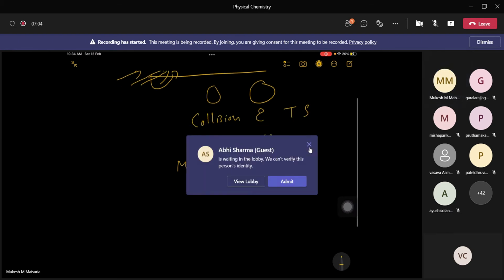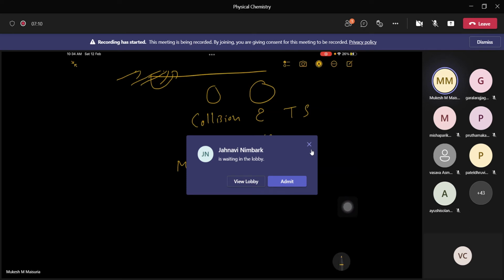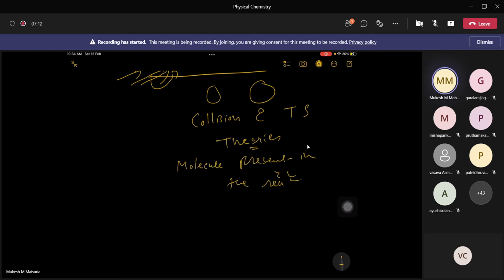What I mean to say is that in case of collision theory as well as reaction rate theory, the reaction contains only two gaseous molecules.